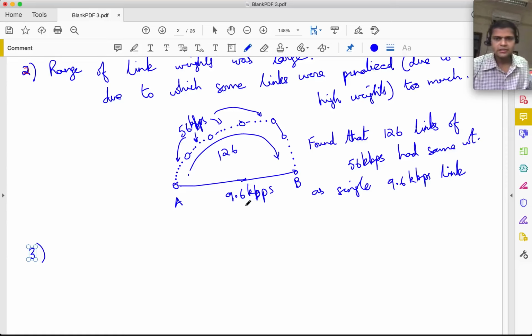This link is essentially penalized too much. It's given a very high weight compared to these other 56 kbps links. I'll just write this. This is a heavily loaded link. Then they found that satellite links are penalized too much.